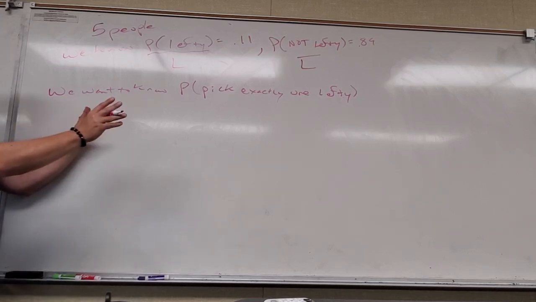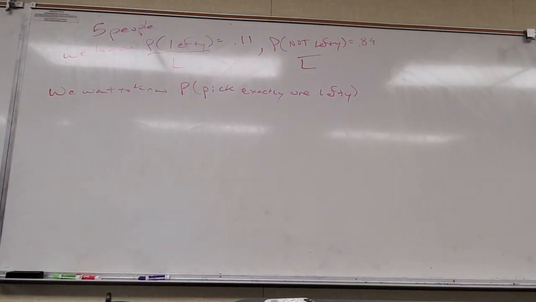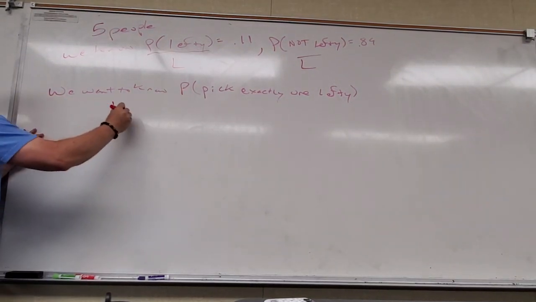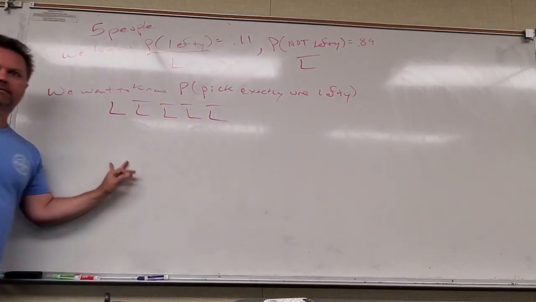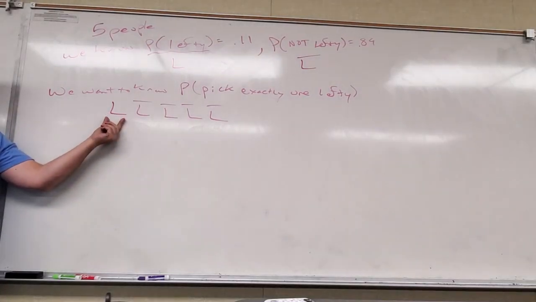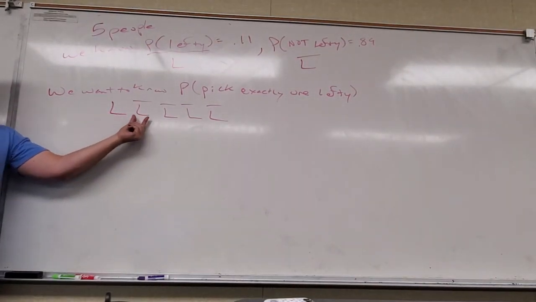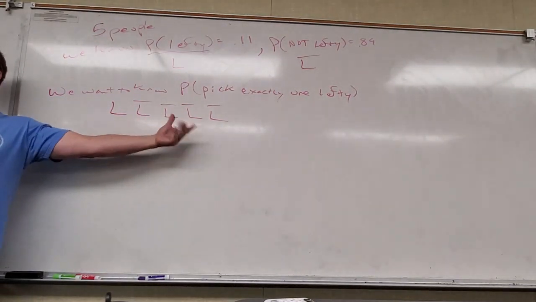Which one could be the left-handed person? First one. Okay. So the first one's left-handed, and the other 4 aren't. Right? You guys with me? So this would be the first one's left-handed, and the second one isn't, and the third one isn't.